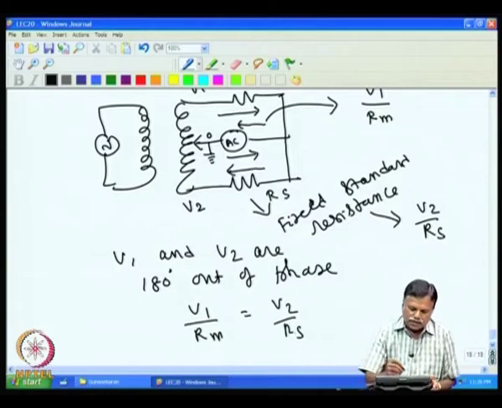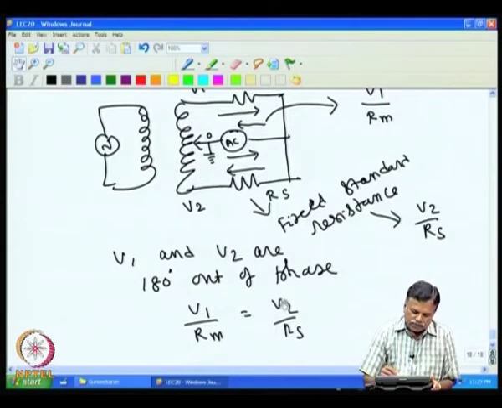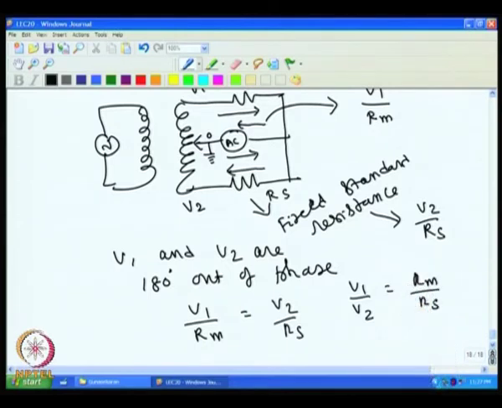If I have a provision to vary the center tap, the midpoint of the winding, then this voltage and this voltage will be varying, and V1 by V2 will give you Rm by Rs. So V1 by V2 is equal to Rm by Rs. Essentially, if one knows V1 and V2, we can find the unknown value Rm, because Rs is known.